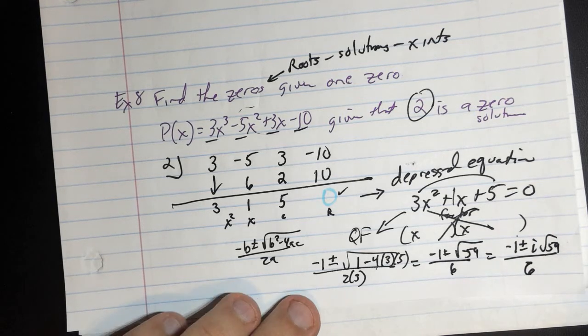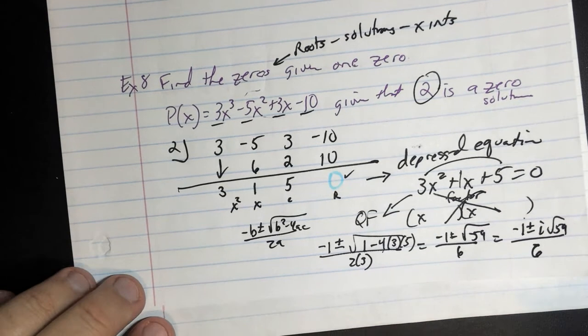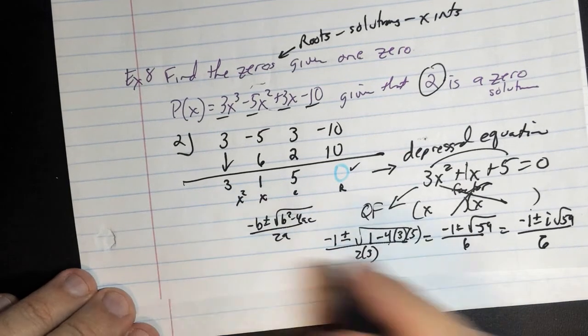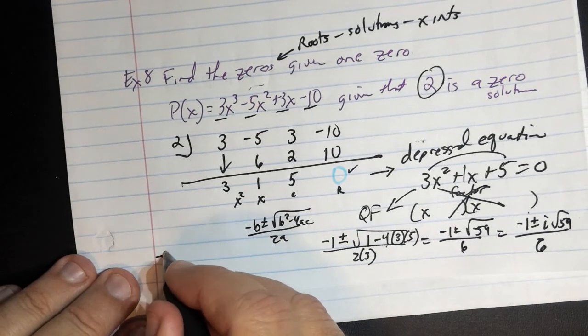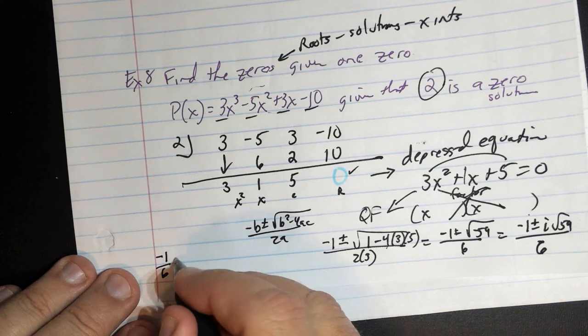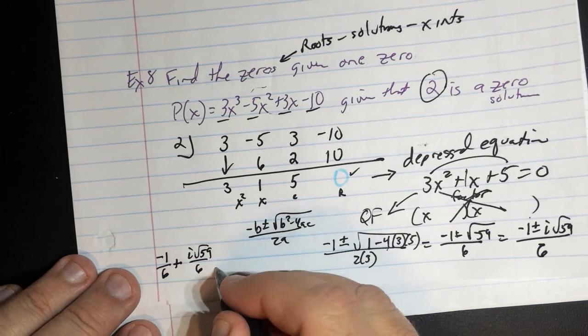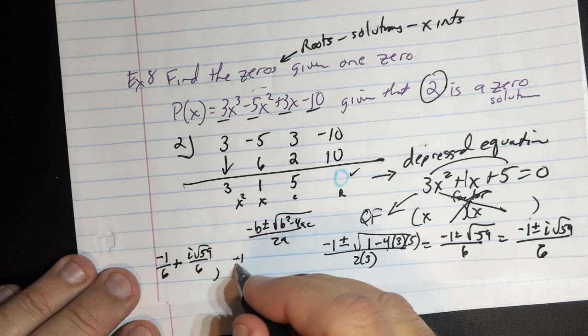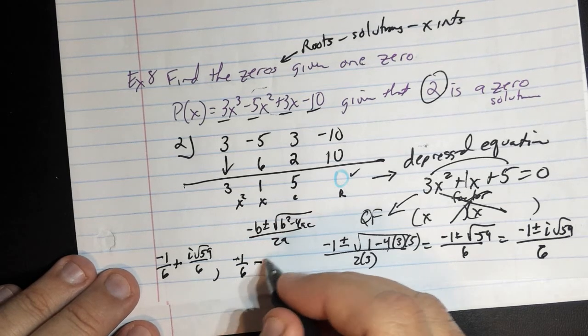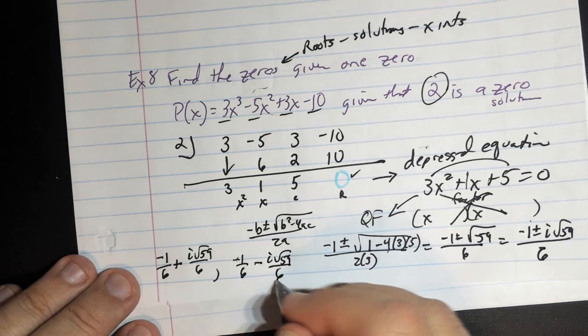Okay? Now, how do I have to write that in your homework? That's not the fun part. It's going to be negative 1 over 6 plus i root 59 over 6. And the other answer would be negative 1 over 6 minus i root 59 over 6.